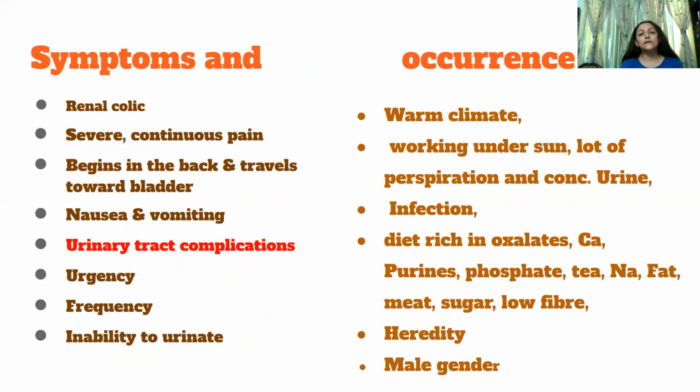It is usually found in warm climates, and it is common in people who work directly under the sun and perspire a lot, and that concentrates the urine. And if the person has some infection, if the diet is rich in oxalates, calcium, purines, phosphates, tea, sodium, fat, meat, sugar, and if the diet is low in fiber.